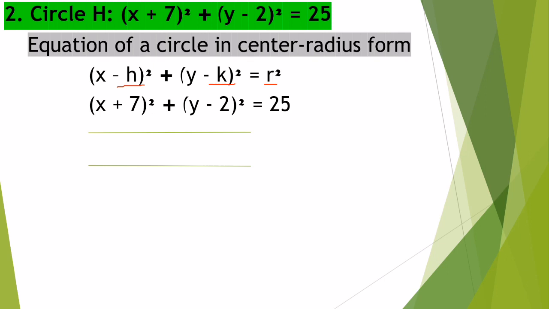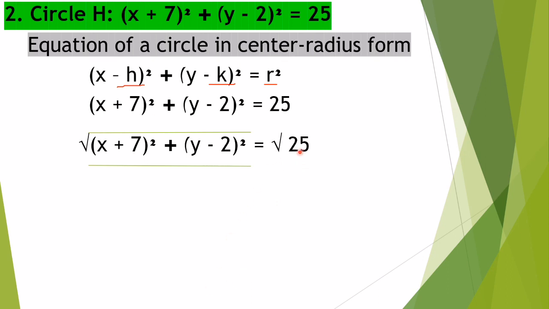So, kung napapansin ninyo, lahat sila ay in a form of center radius form na. So, para matanggal ang exponent na 2, maglalagay tayo ng radical sign both sides. So, meron na tayong square root of x plus 7 squared plus y minus 2 squared is equal to square root of 25.